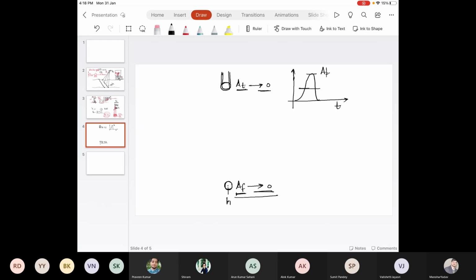The 50% level, that is 0.5 AP, gives us TP, that is the pulse width. And I told you that this TP should be very narrow. Narrow means a short pulse length. We also call TP the pulse length. Why it is pulse length, I will explain.